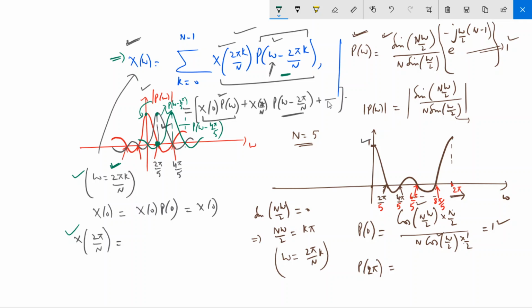But if you take any other frequency, all these interpolation functions will play a role, and when you finally multiply them with the samples and add them together, what you are going to get is the original spectrum X(omega). This is how you recover the original spectrum X(omega) from its samples.